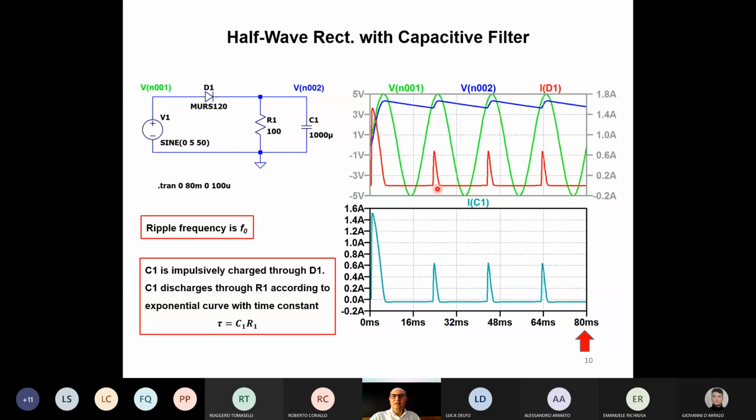We see that there are peaks of current in the diode and in the capacitor. There is a big peak at the beginning. Why that big peak? Because in my simulation, I supposed that the capacitor was discharged at the beginning. So at the beginning, the capacitor has 0 volts.